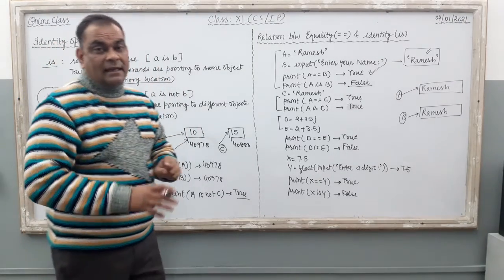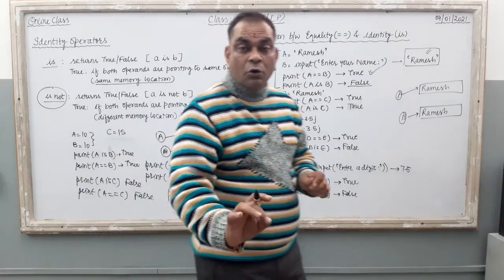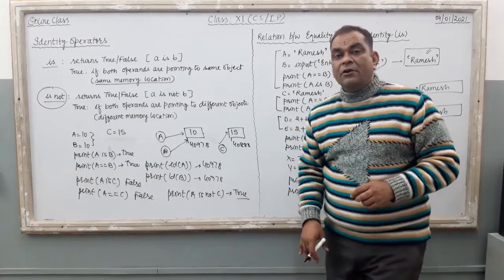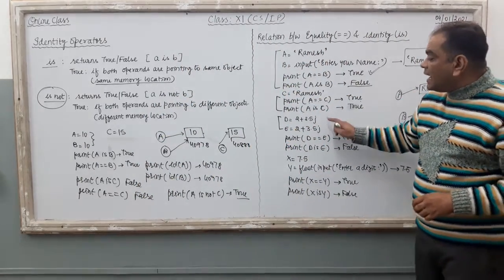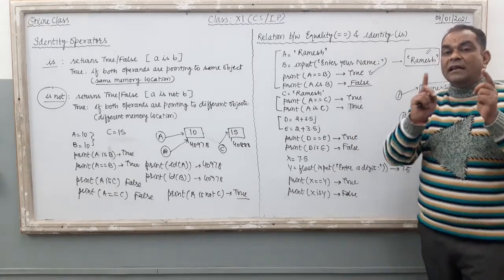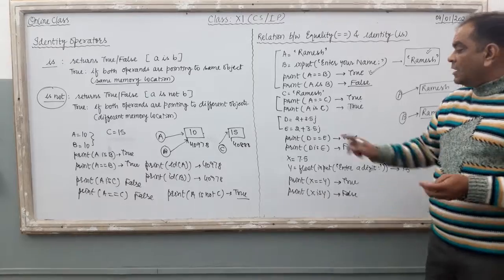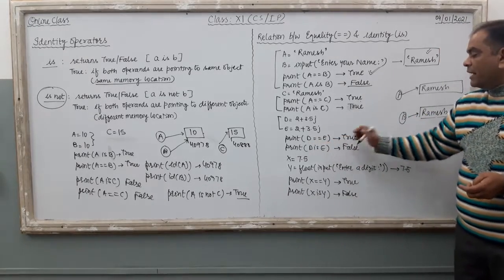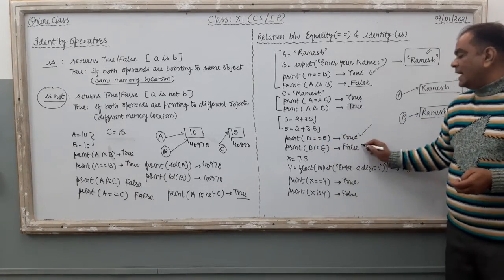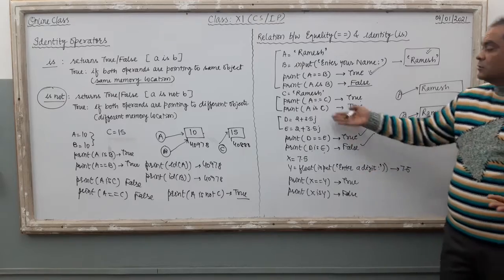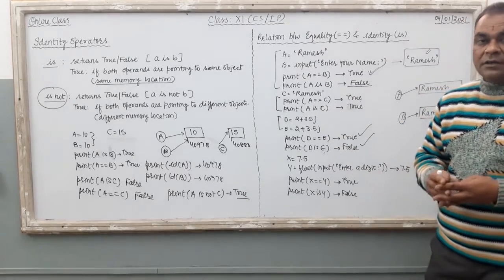Here, one logic is there in the complex number. If you want to store a complex number inside your computer's memory, each and every complex number will be stored at a different memory location. So again, D equal to E, it is true. D is E, it is false.